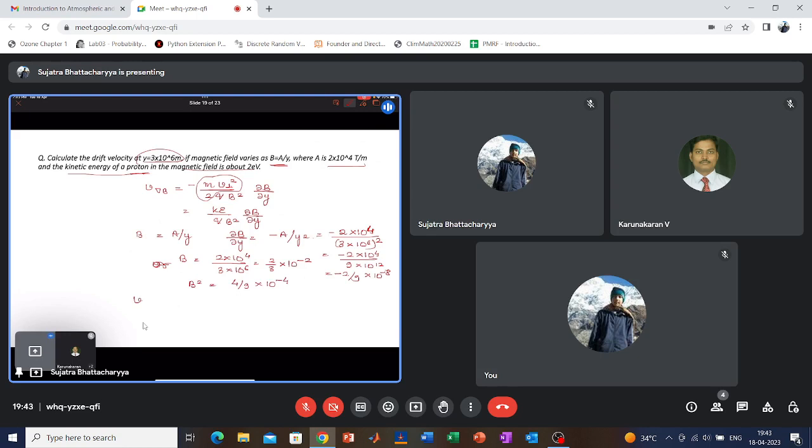Right. So the V gradient of B will be equal to, so minus m for a proton is known 1.6. Oh, it's not required because kinetic energy is already given.